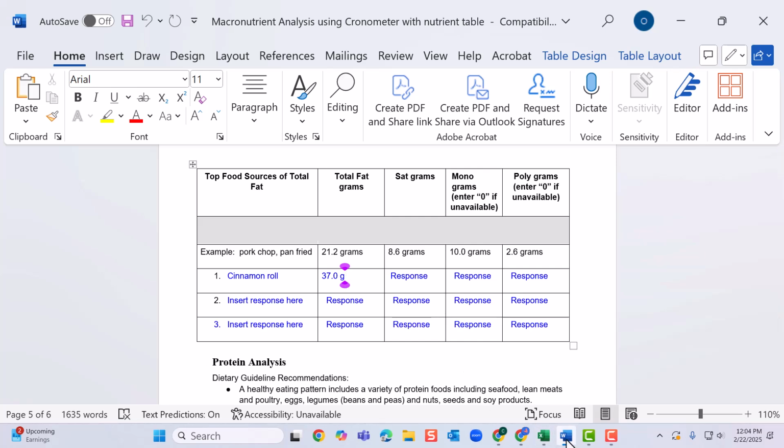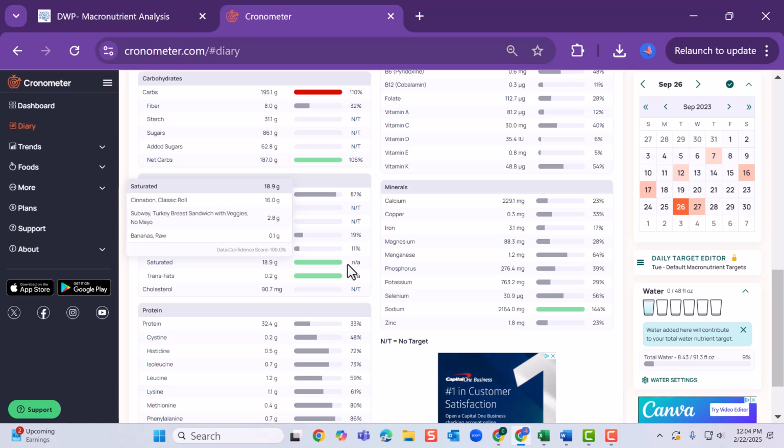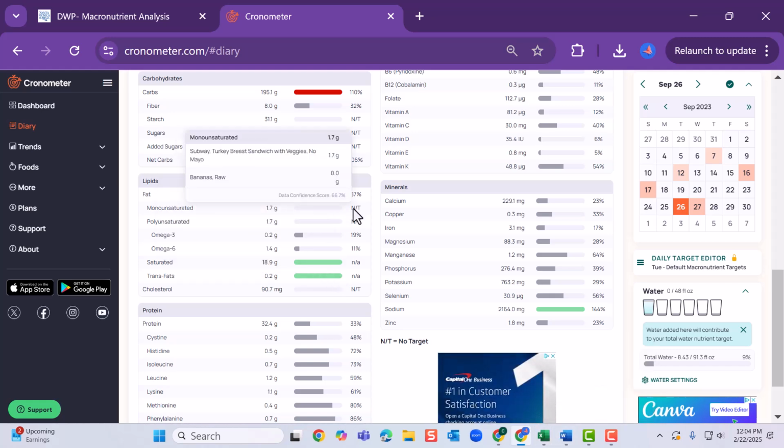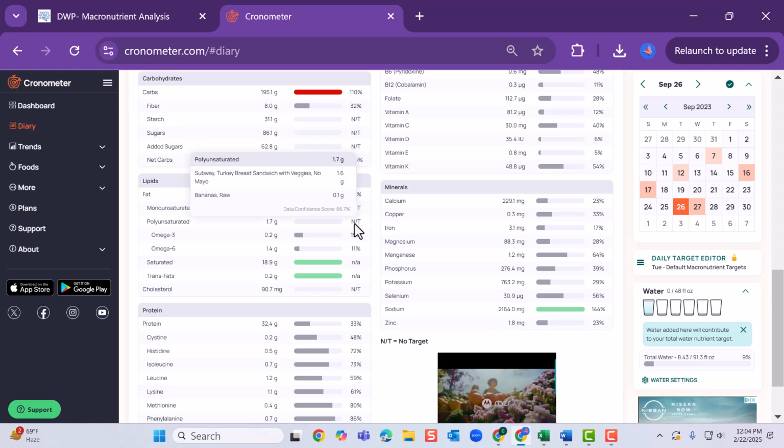To find the saturated fat, I'm going to go back and hover over saturated. And it shows that the cinnamon roll was 16 grams of saturated. It shows that mono for the cinnamon roll is not here, so you put not available, NA, and poly not available, NA.